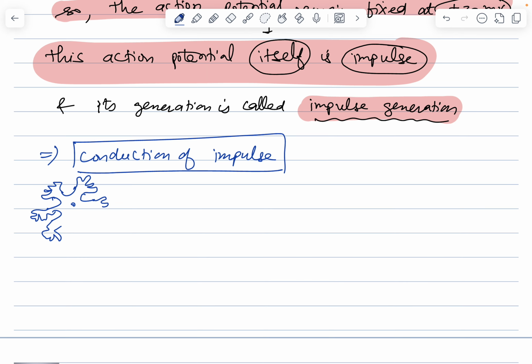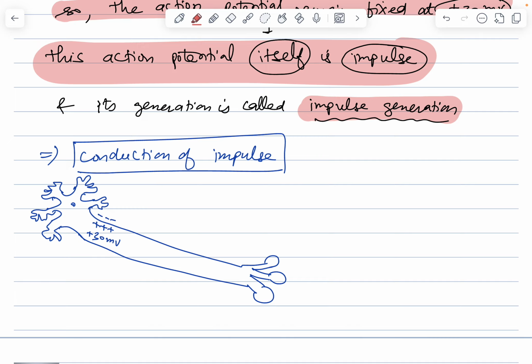Here, these are the dendrons. Here's your axon on which I have created the action potential of +30 millivolt.